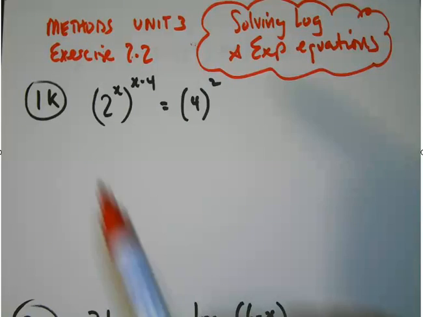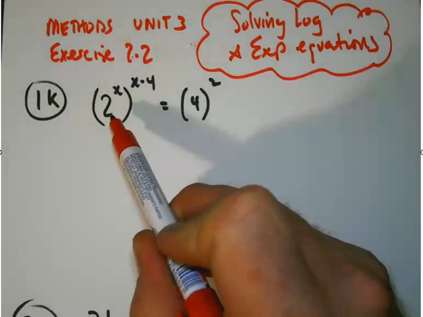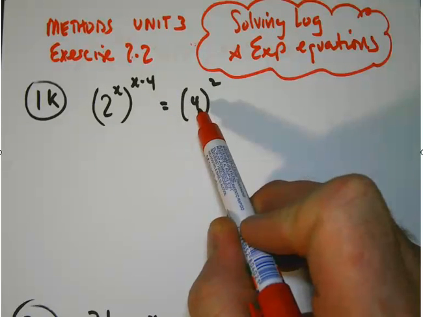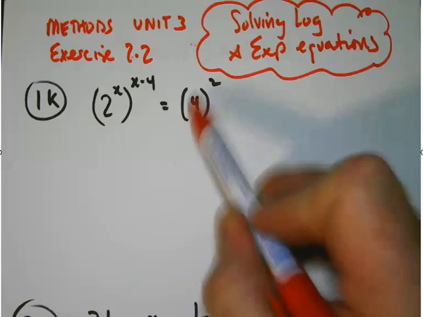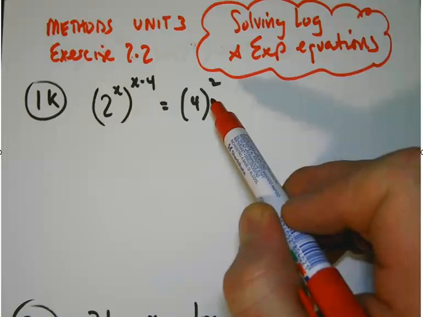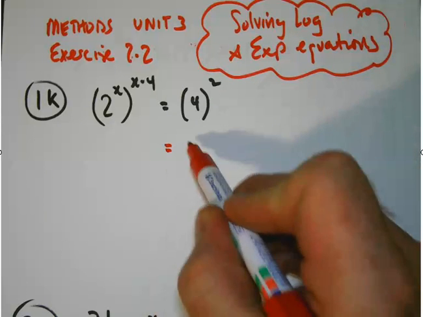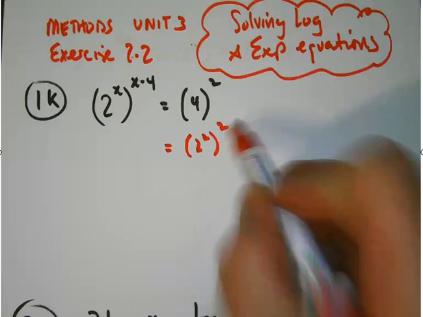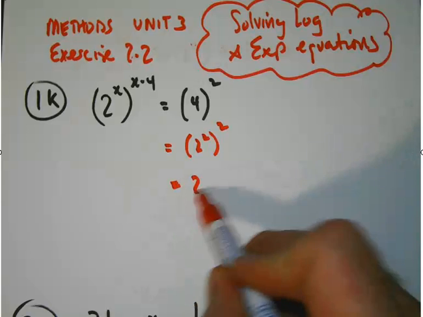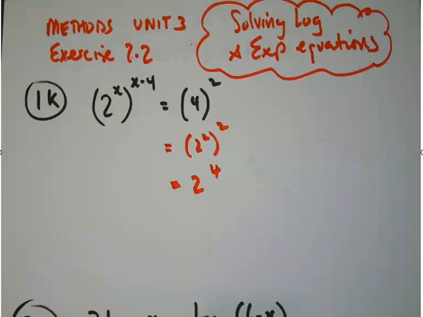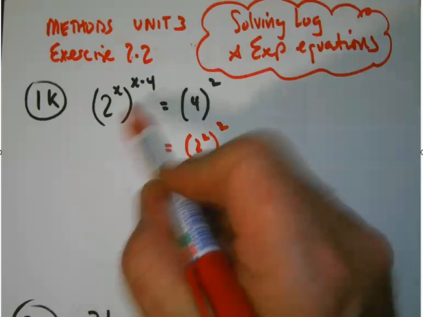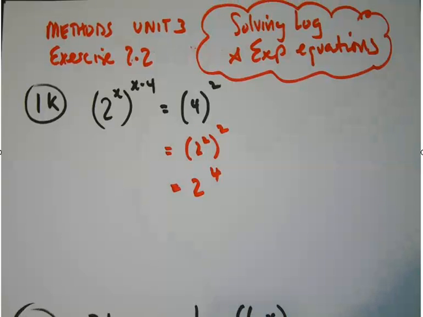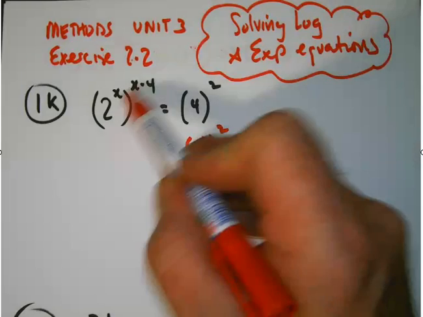So looking at 1k, I've got base 2 and base 4. Straight away I can think I could rearrange this 4 as something at base 2, and that would look like 4 is 2 squared, raised to the power of 2, which gives me 2 to the power of 4. And if I expand my left hand side by using the index law of raising to a higher power, we multiply the powers.